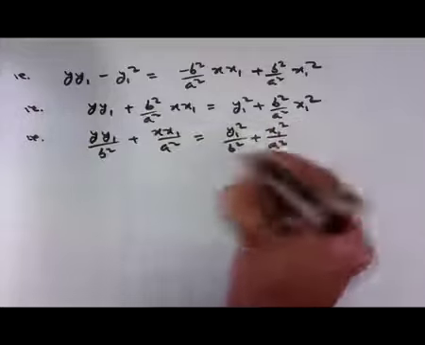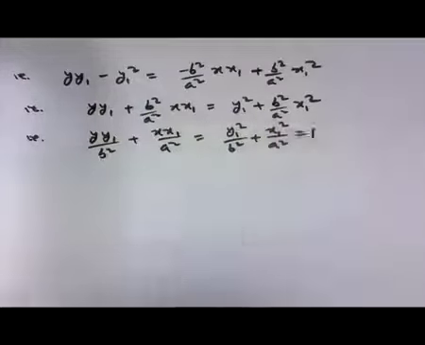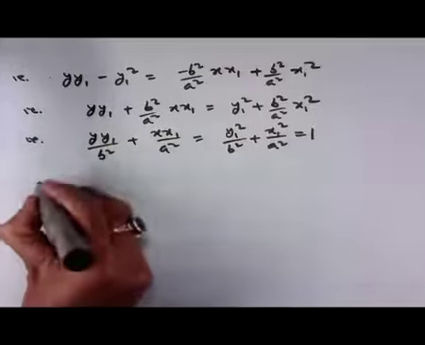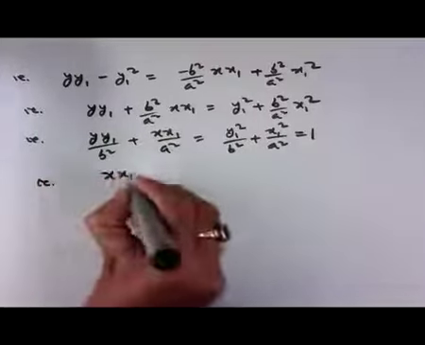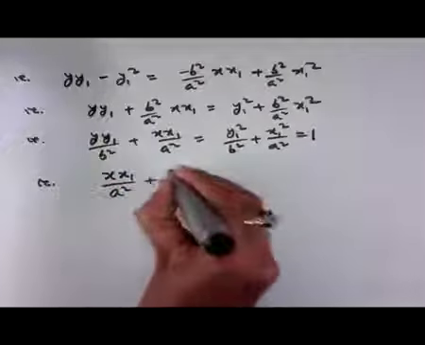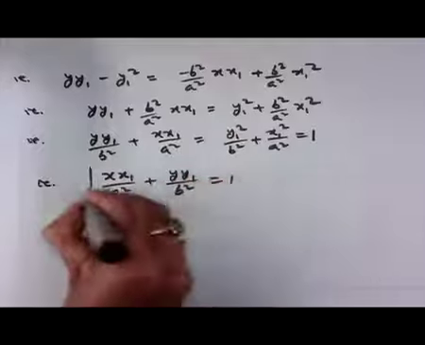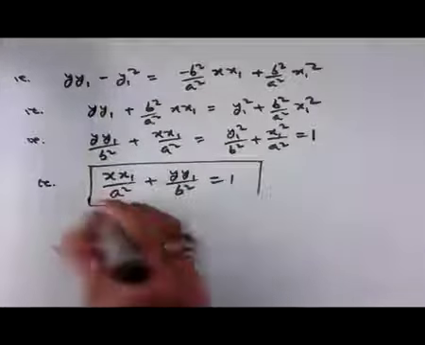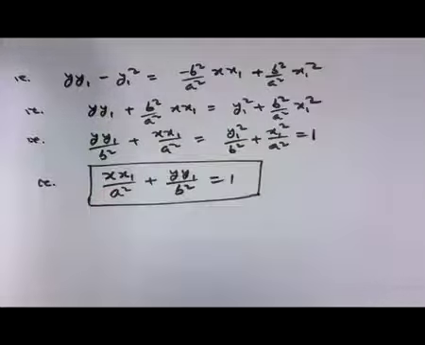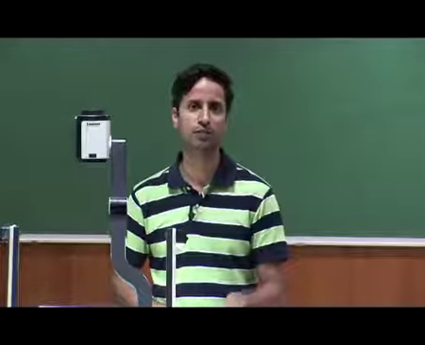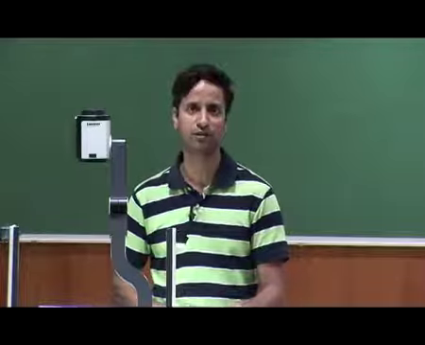But this is equal to 1 because x1, y1 lies on the ellipse. So, we get the same equation x1 by a square plus y1 by b square equal to 1. So, this is the equation of the tangent line at the point x1, y1 to the ellipse x square by a square plus y square by b square equal to 1.